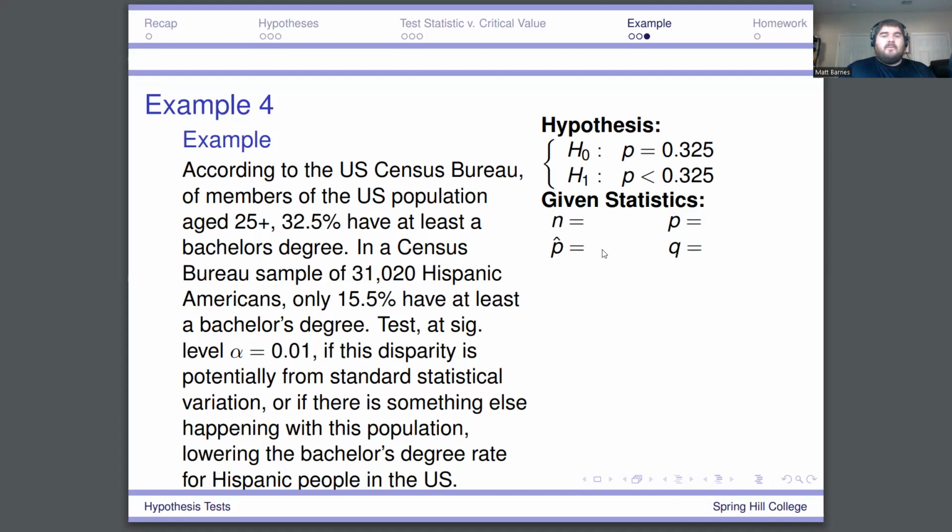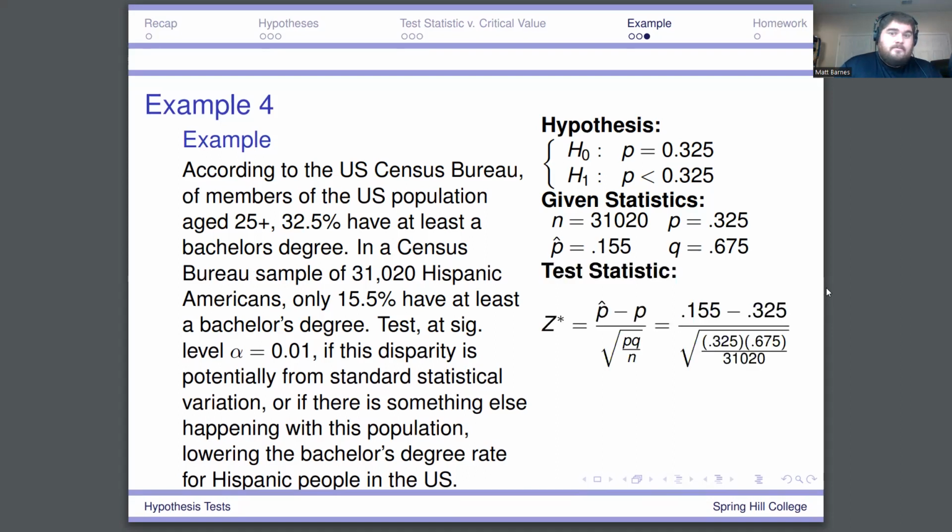That 15.5% is going to be our P hat, or if we want to convert it to a decimal, 0.155. P is always going to be the same as what we say it is in our H naught up here. So we've kind of already figured that out. So I can just drag that 0.325 down here for P, and then I do 1 minus that, and I get Q. So here are the numbers we come up with for that.